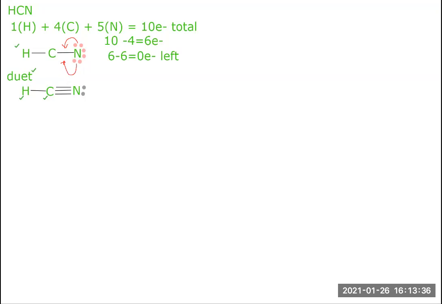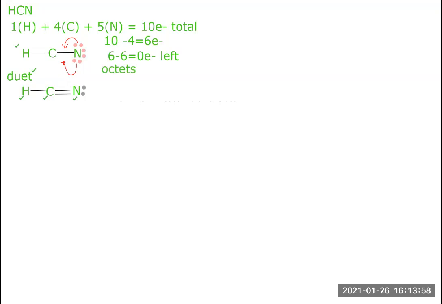And then you add the lone pair, so 2 more electrons, that's 8 valence electrons on the nitrogen. So all atoms have their octet or duet. Here we can write octets are satisfied. And duets.